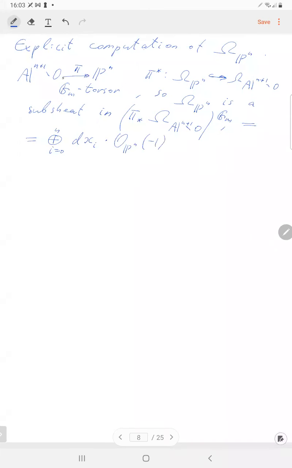Okay. So in other words, our task is to specify the Kähler differentials of projective space inside this guy. Okay, so this is just the line bundle O_{P^n}(-1) to the power n+1.